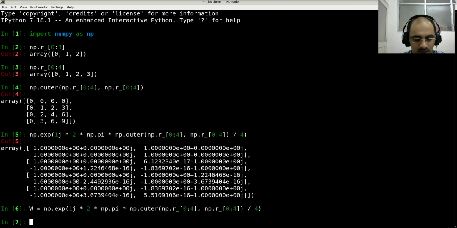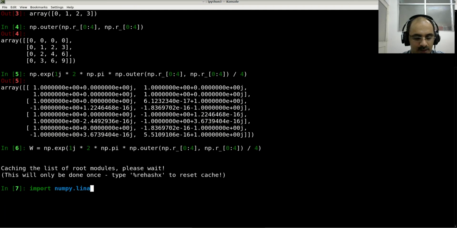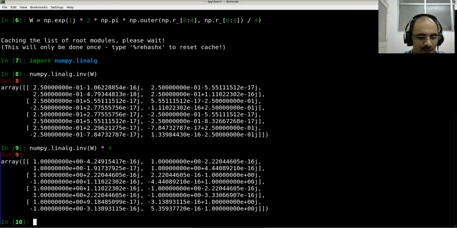Now I'm going to say numpy linalg inv of W. If you see, this is 0.25s over here. I'm just going to multiply by 4 to show you.